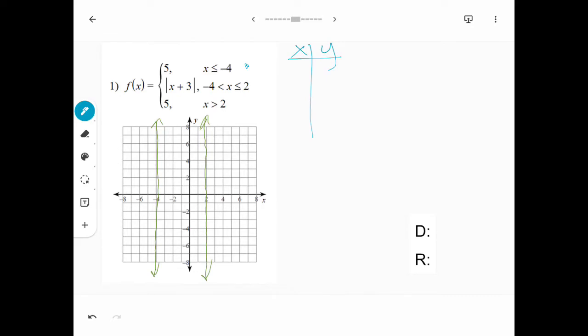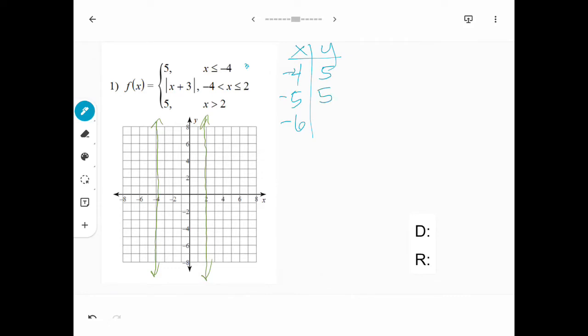For this first one, you are only plugging in numbers in this far left region. So I always use my boundary, so -4, and maybe -5 and -6. This function is a special one because it just says that no matter what you plug in from -4 to infinity, you're going to get out a 5. So if I plug in -4, I'm going to get a 5 because there's no x.